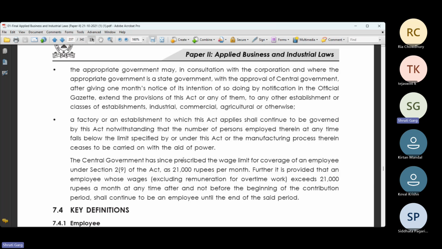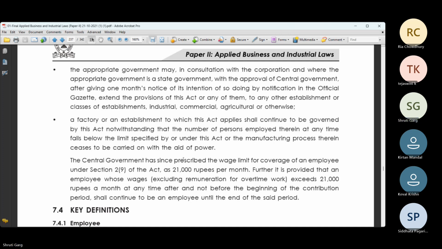So, a factory or an establishment to which this act applies, where ESI is applicable, will continue to be governed by this act, notwithstanding that the number of persons employed therein at any time falls below the limit specified by or under this act.